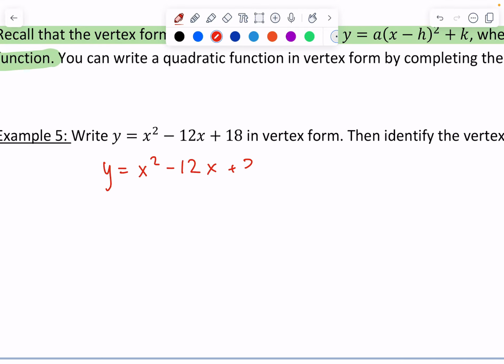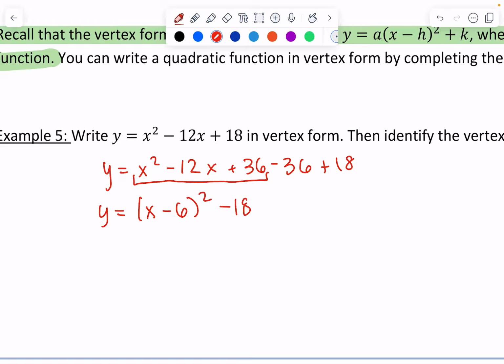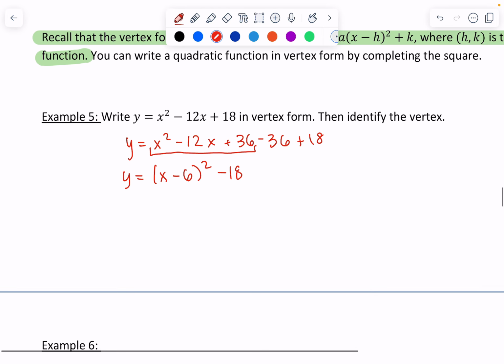So I add and I subtract 36. Here is my perfect square trinomial. So that's x minus 6 squared. And then negative 36 plus 18 is negative 18. So that's my equation in vertex form. And the vertex here is 6 comma negative 18.